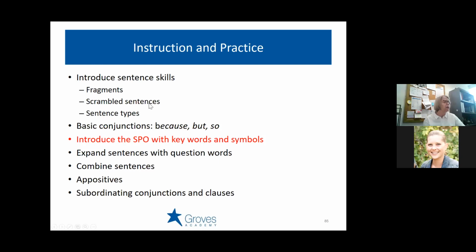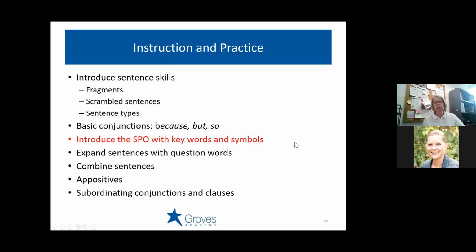Sometimes some students do well with scrambled sentences, some not. I tend not to scramble sentences because it can be confusing. Definitely fragments, definitely moving on to sentence types. And then I introduce because, but, so, and we work with these sentence skills for a while.